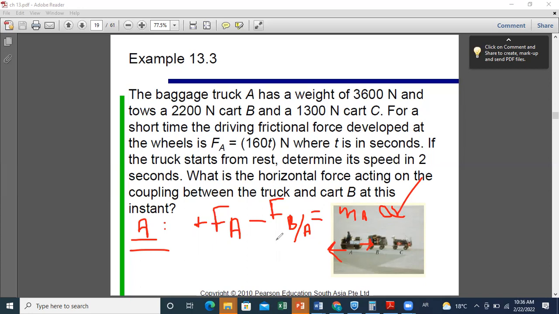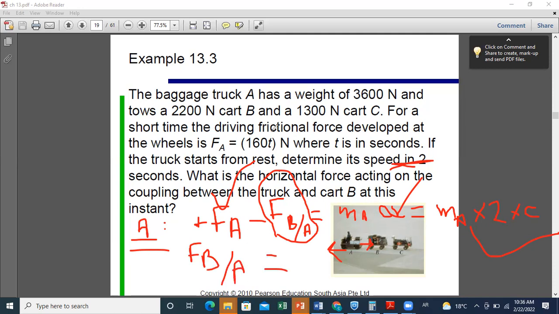Now, since I have a from the previous step and I have FA, and since they want me to determine the coupling force at 2 seconds, I have a function of time. If you remember, it is C times T. So I just replace T by 2 seconds. So it's M_A times a, and 2 times my constant C. So I can calculate this term, and then F of B on A is equal to FA at 2 seconds, where I replace T by 2.